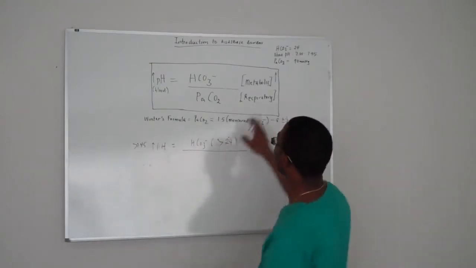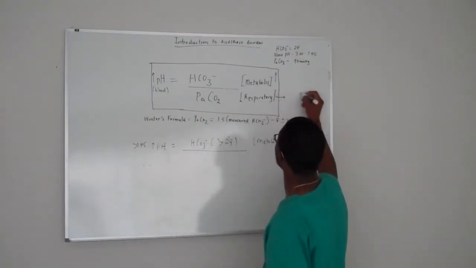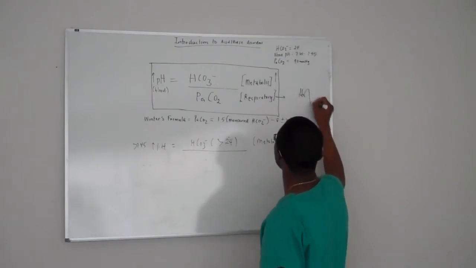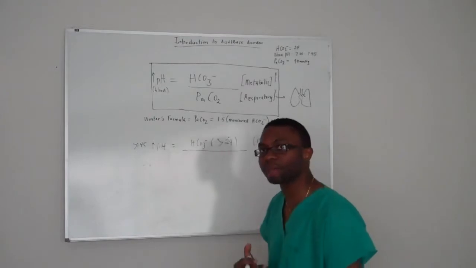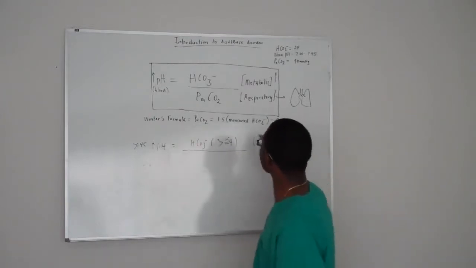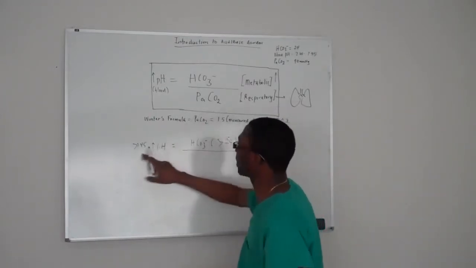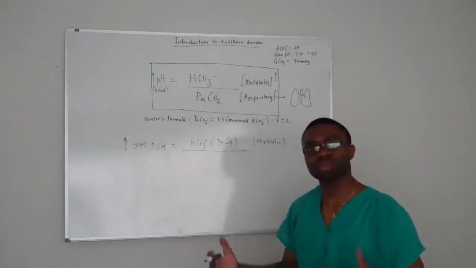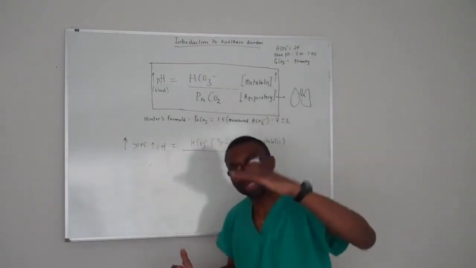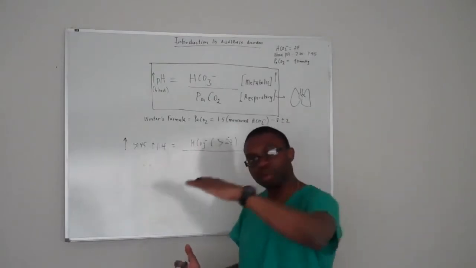The only way that can compensate is respiratory, which I told you guys, is the lungs. We'll talk about it when I go over this relationship in a minute. Obviously, my pH is going high, but I don't want it too high. I don't want it too basic. I want to bring it down to that homeostatic balance.